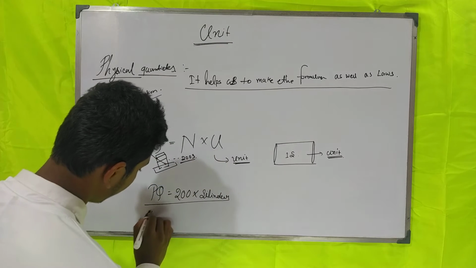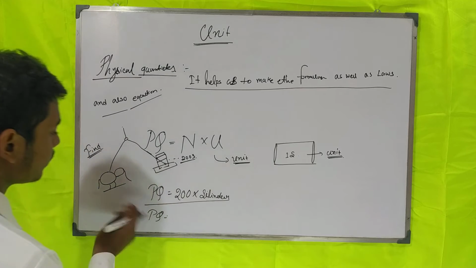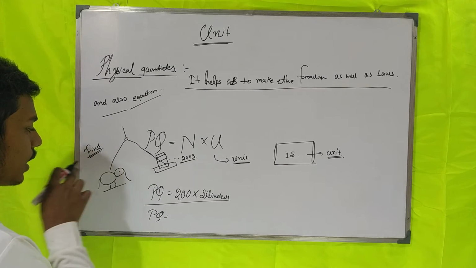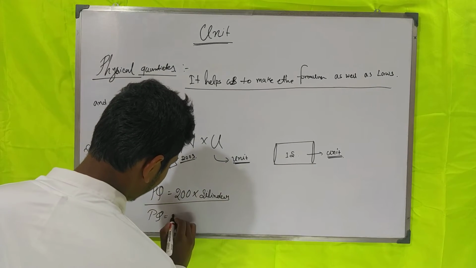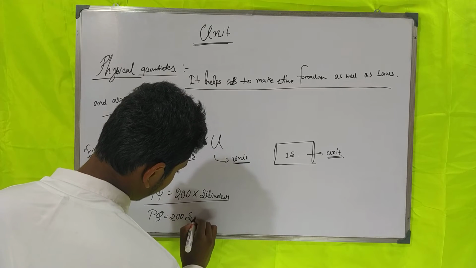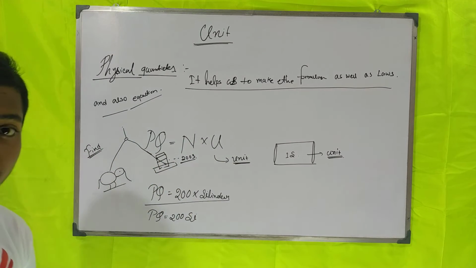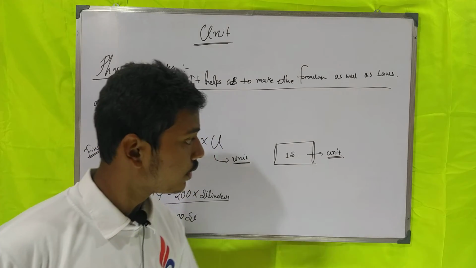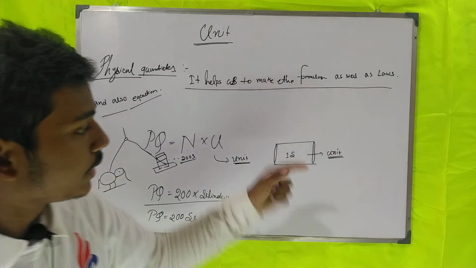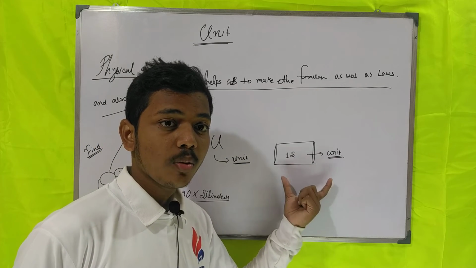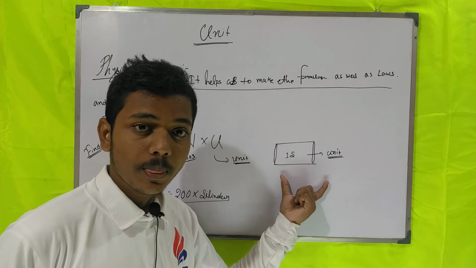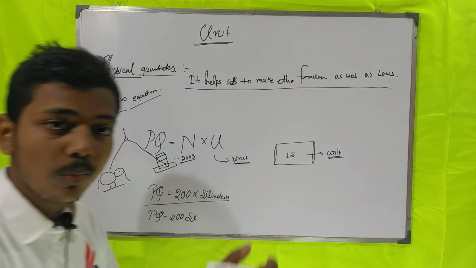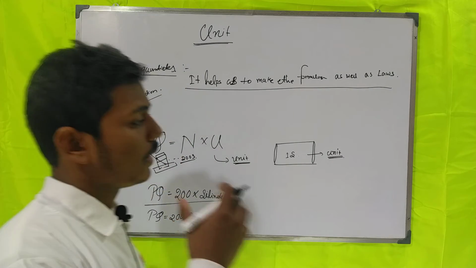So the physical quantity, the elephant's mass, is 200 cylinders. It will be measured using this cylinder. Here I will make the standard cylinder. Now the cylinder will be modified and made into units.